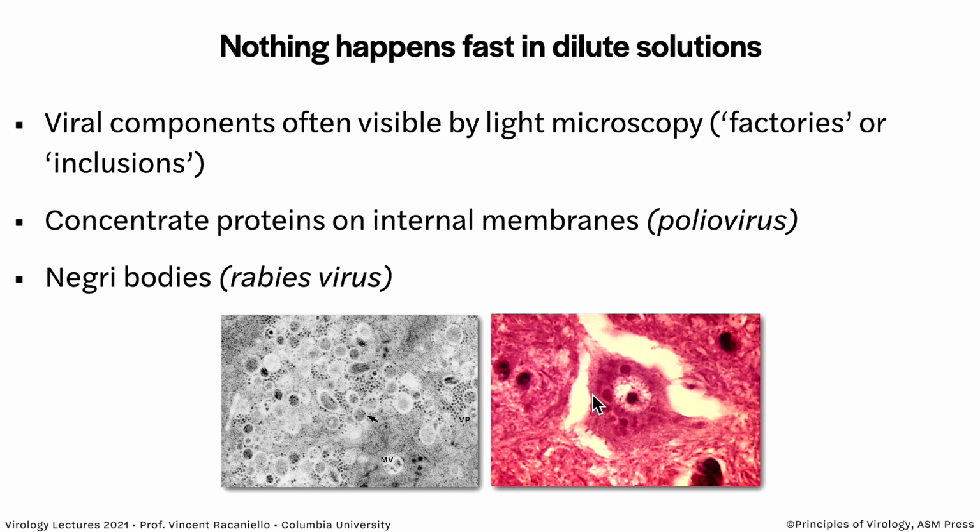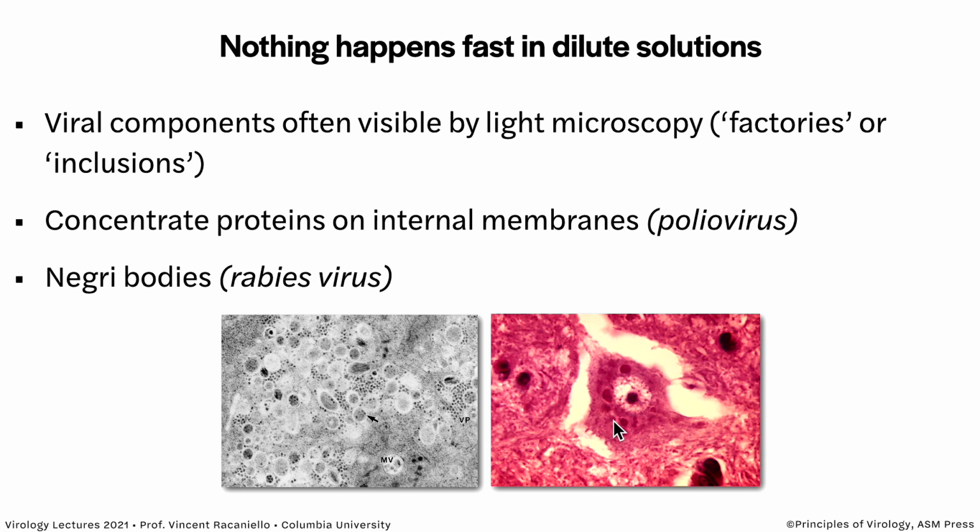Another example is shown here on the right. This is a neuron infected with rabies virus, and it has in it what are called Negri bodies. Negri was an Italian pathologist. You know, a lot of Italians were microscopists, and they had things named after them. Golgi was another one.